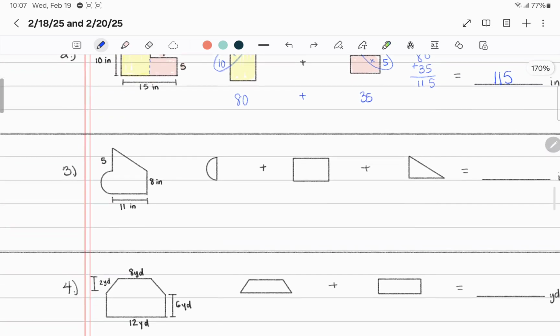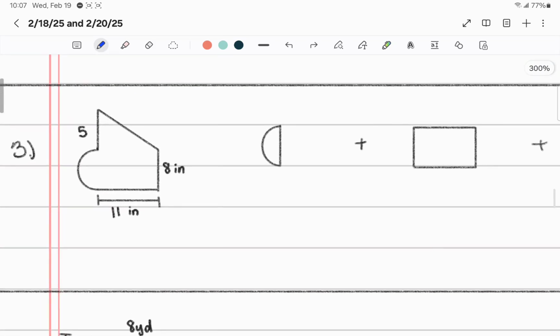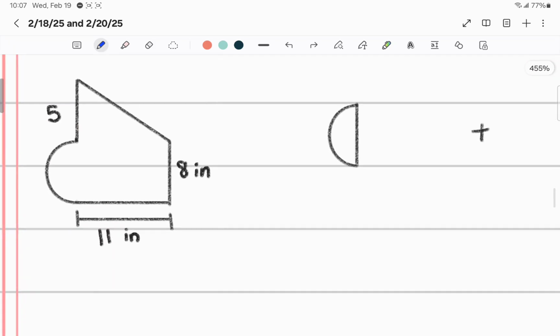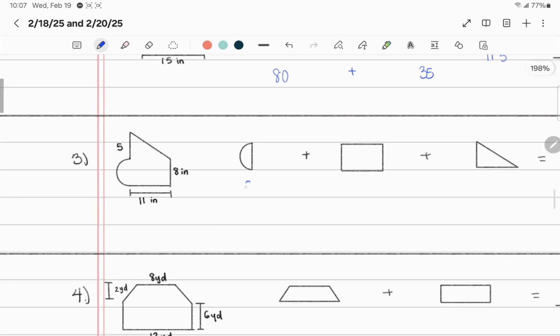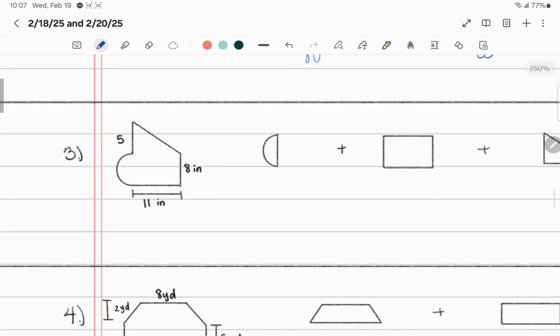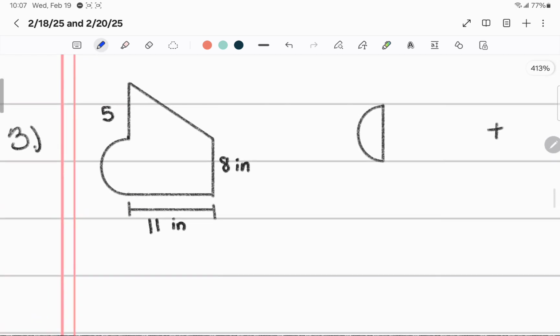Next. So again, the trick here is to create rectangles. So again, here I split it into 3 pieces, but again, on your test, you will not have these. So you have to know how to split it. So what I said about the rectangle is you want to create a rectangle. So we would connect here and down. So there we have a rectangle.